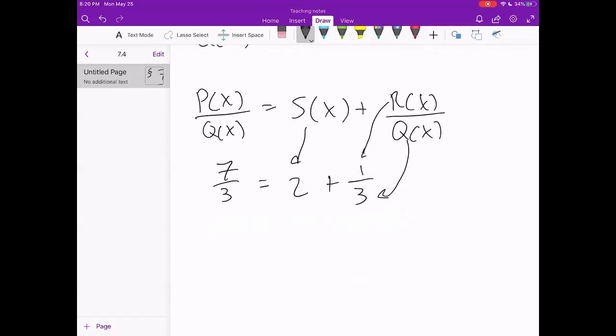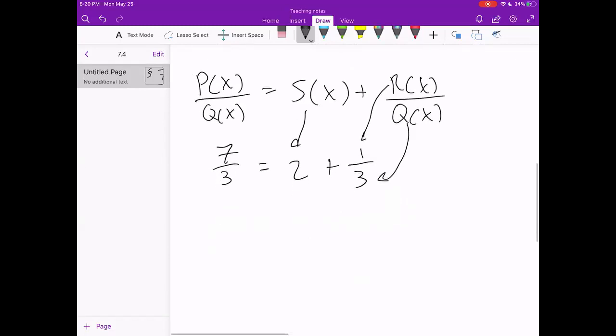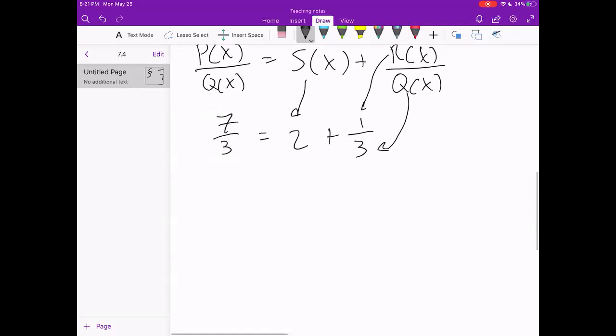So for me, it's easy to remember polynomial long division and not run across a case where I can't use synthetic division. So I'll do all of these by polynomial long division. You can use synthetic division, great. It's the same thing. It just gets rid of some of the information that's not needed.